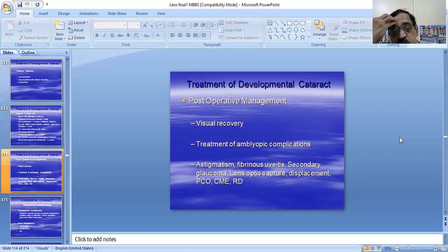Okay. Treatment of amblyopic complications will have to be done. These people, suppose if one eye is affected and the other eye is not affected. Previously we used to leave it aphakic if the child is less than 2 years, especially in a dense unilateral cataract. We used to remove it, and we never used to put in actually an IOL.